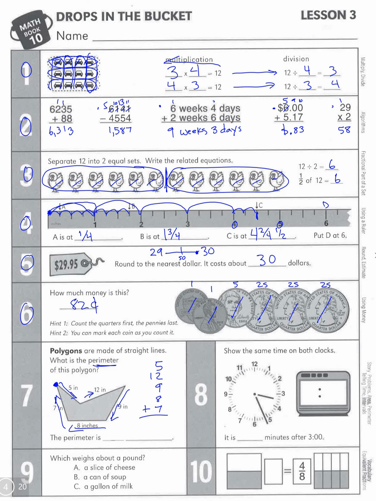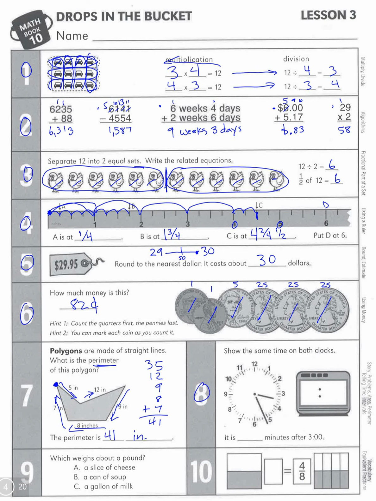So 5 plus 2 is 7, 7 plus 9 is 16, 16 plus 8 is 24, and 24 plus 7 is 31. Wow, that was a lot. So 3 plus 1 is 4. So it is 41 inches all the way around. The perimeter is 41 inches all the way around.